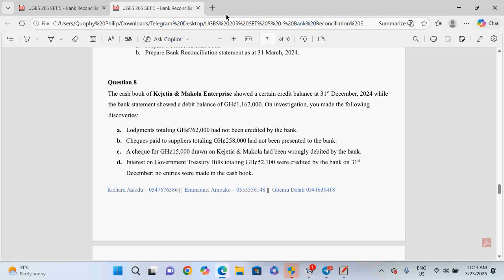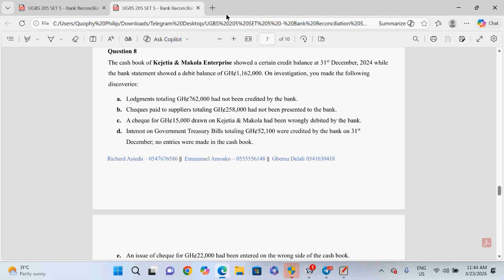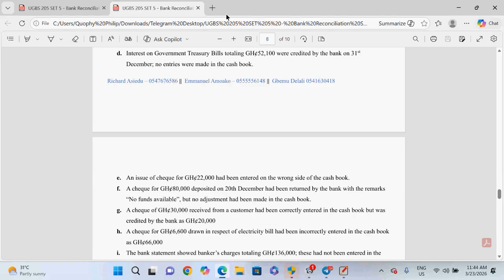Yes. Okay. On investigation, you made the following findings. A. Deposits of 762,000 had not been credited by the bank. B. Checks paid to suppliers totaling 258,000 had not been presented to the bank. C. A check for 15,000 drawn on another firm had been wrongly debited by the bank. D. Interest on government treasury bills totaling 52,100 was credited by the bank on 31st December.